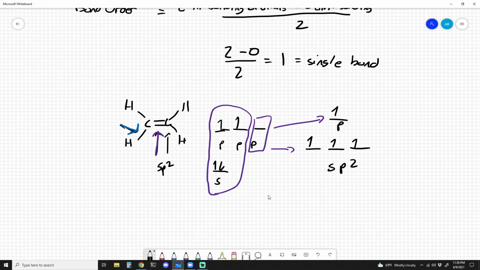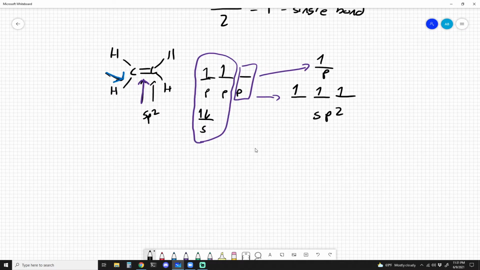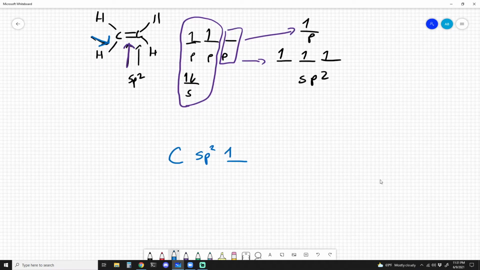If we think about our structure here, the carbon-hydrogen bond is formed with one of the sp2 orbitals. So if we start with the carbon-hydrogen bond, on the carbon, in blue, we're taking one of these sp2 orbitals, which has one electron in it. We're going to combine that with the 1s orbital of hydrogen, because that's the orbital making the bond.